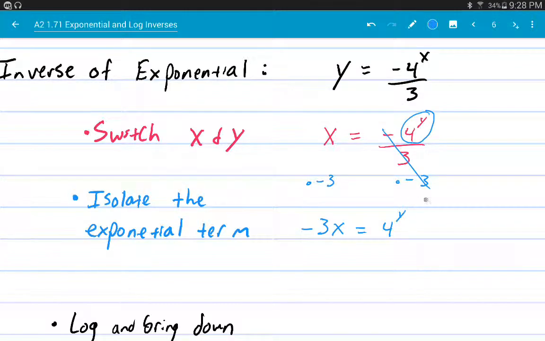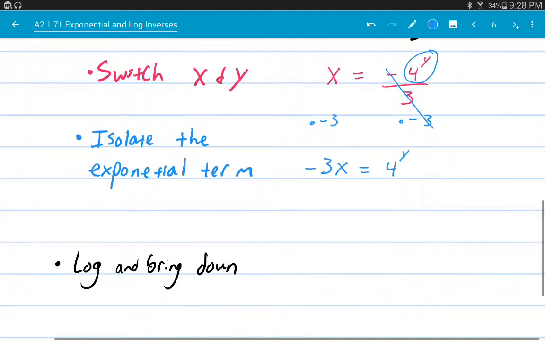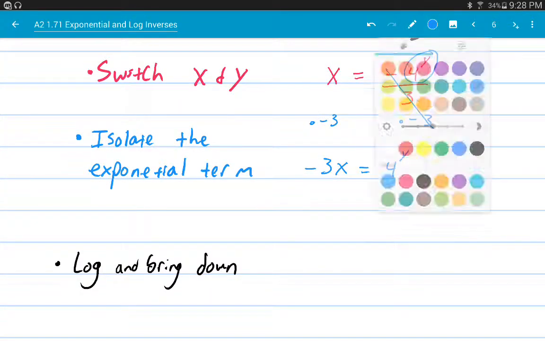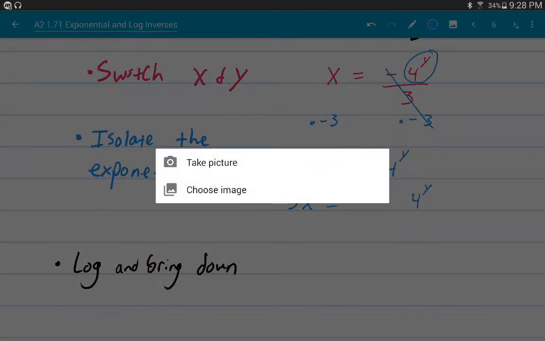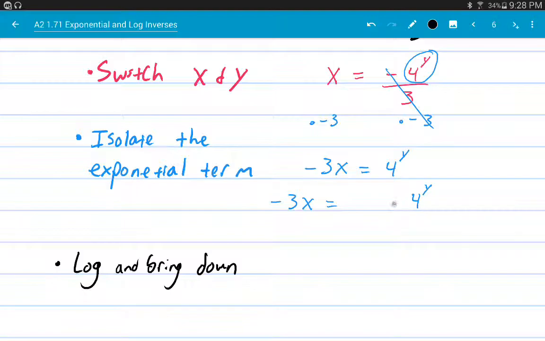Now the y is almost by itself, but remember, I'm going to need to bring it down. So here's how I do that. I am going to first give myself a little room. Negative 3x is equal to 4 to the y. In order to bring something down, I need to log. If I log one side, I need to also log the other.